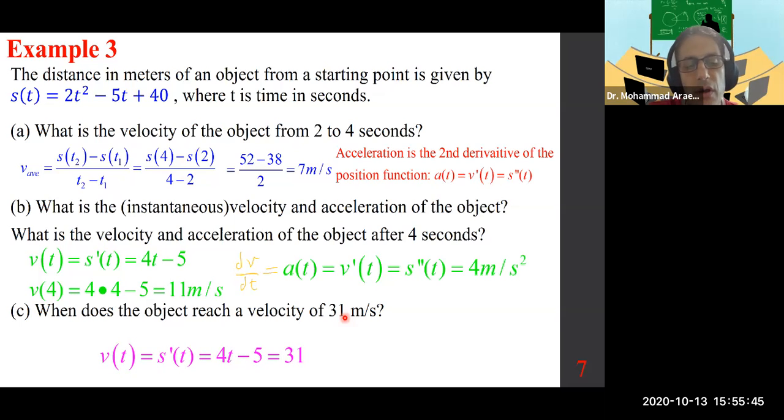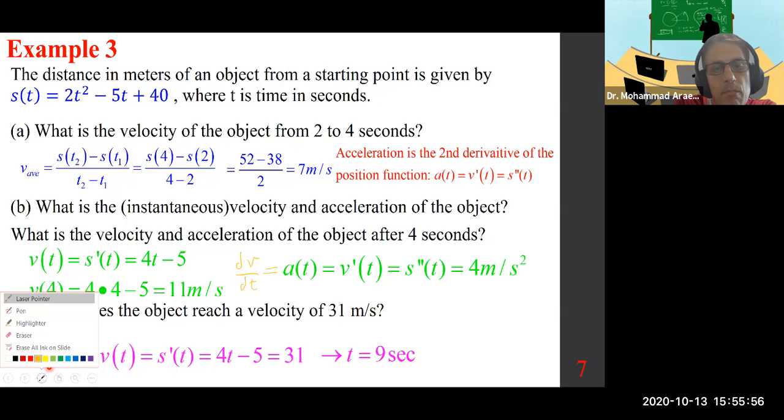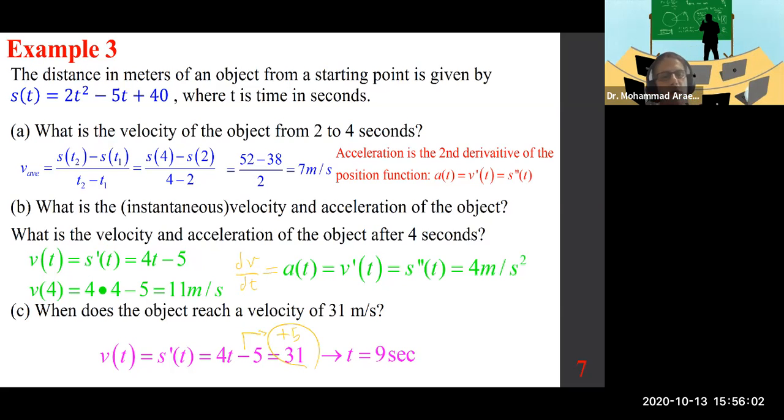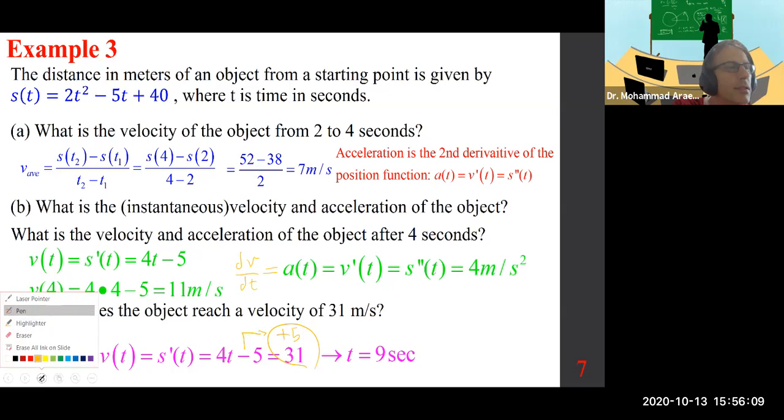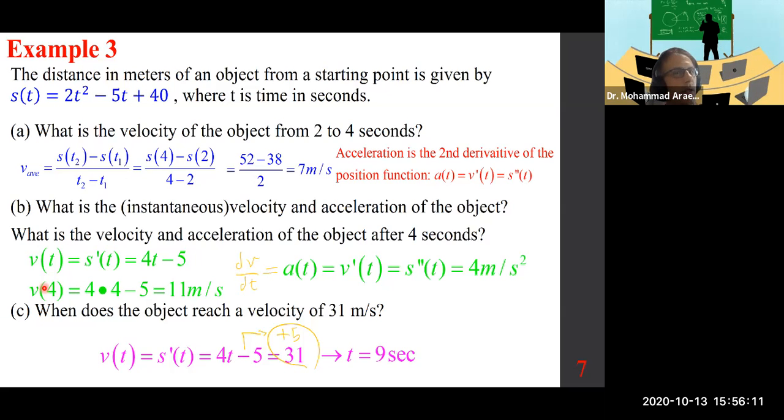Move the negative 5, it becomes positive. 31 plus 5 is 36. You divide it by 4, and the answer is 9 seconds. I hope everybody is comfortable with that.